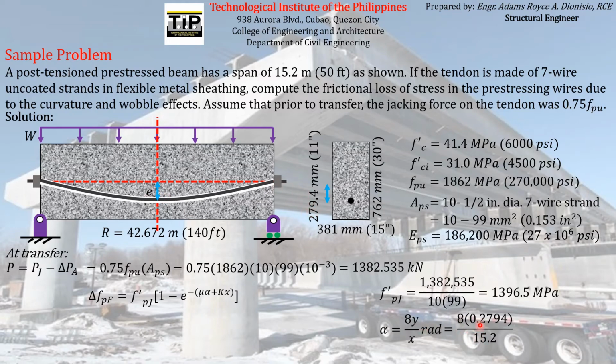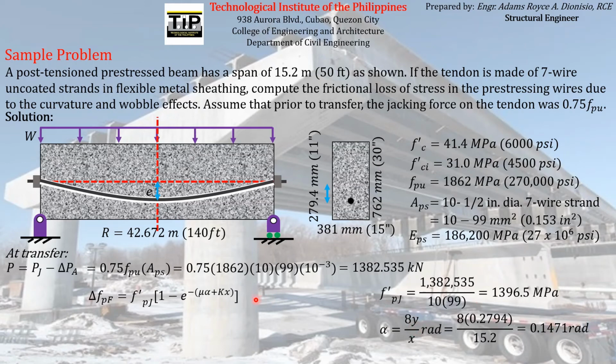We have to express it in terms of meter, since the x that we will use here, the distance between this point and this point, is just equal to 15.2 meters. So we have to express this in meters for consistency of units. The resulting angle will be equal to 0.1471 radians. You have to remember that the angle that you will be solving here is in terms of radians.